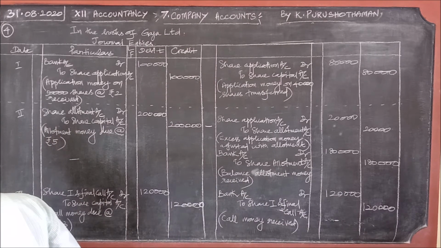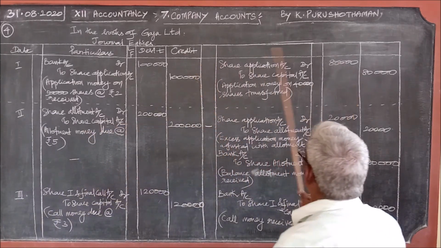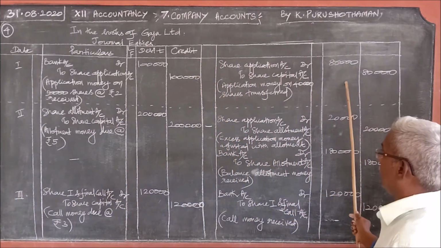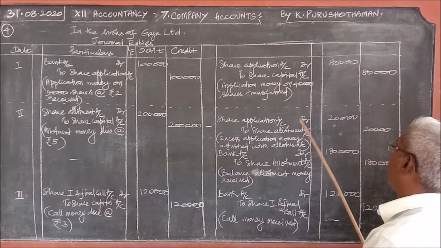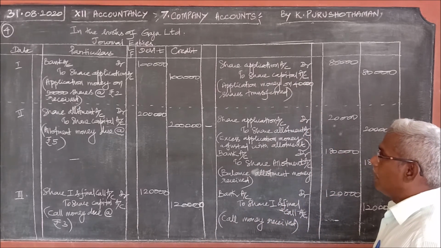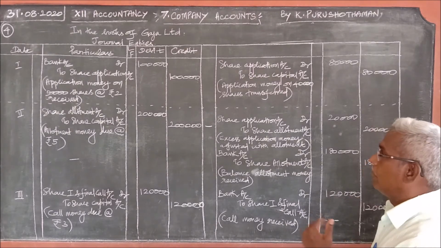See, on pro rata basis, and the surplus of application money was utilized for allotment. So the surplus is 20,000, 1 lakh minus 80,000. 20,000 will be utilized for allotment, because for allotment also they should receive the money. How much?